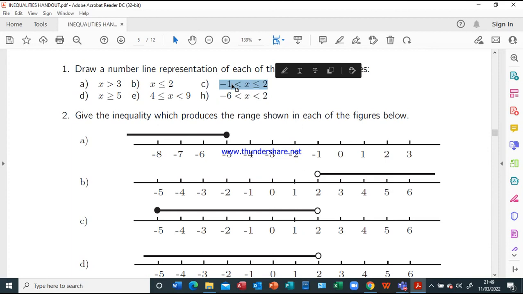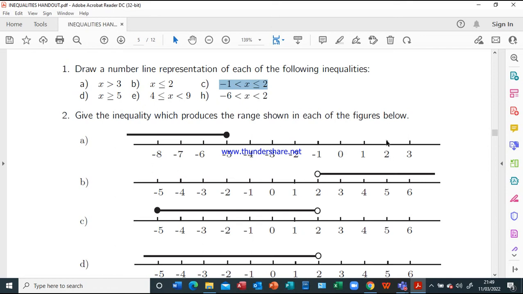If we're to represent it on this number line, which is already represented here, but we're using our own now, you will start from -1 here, with a circle that is not shaded, and then to 2 with a circle which is shaded.